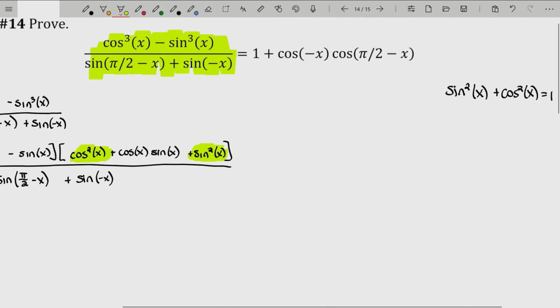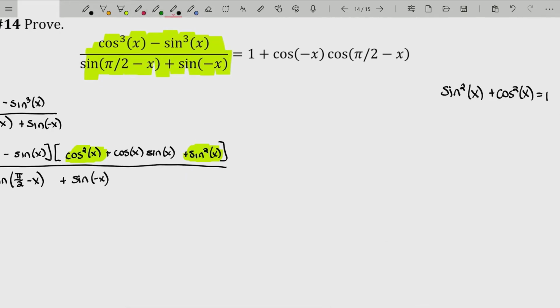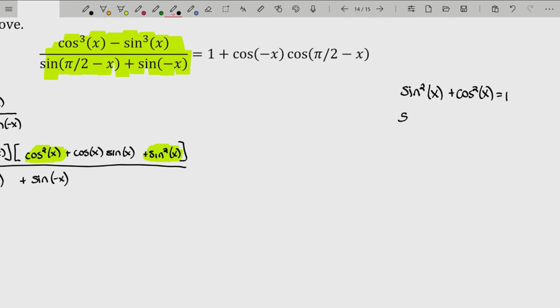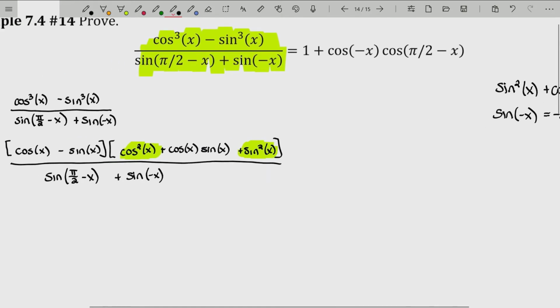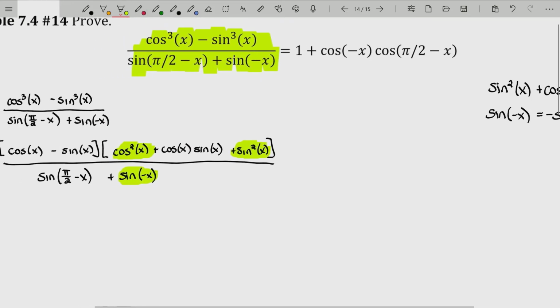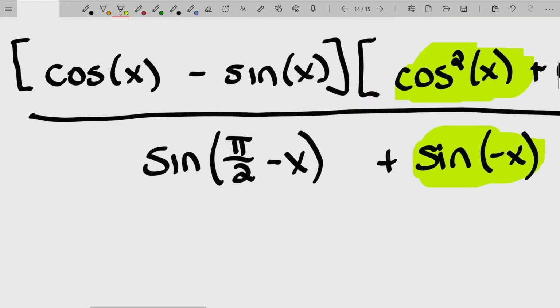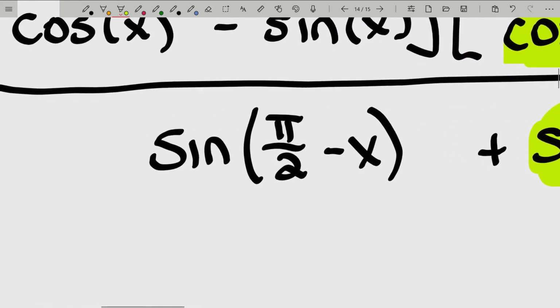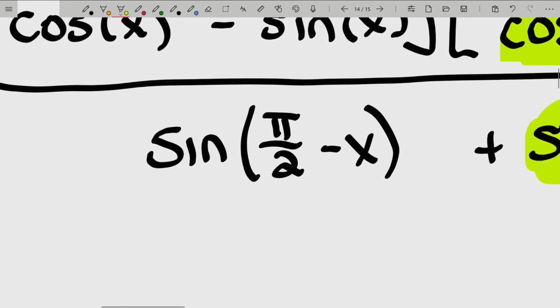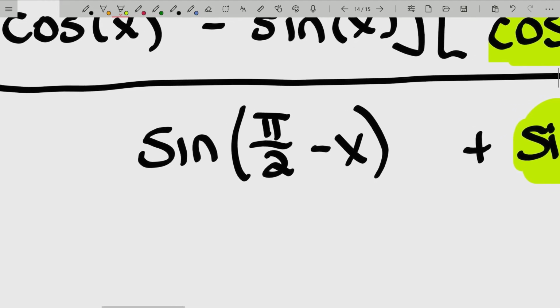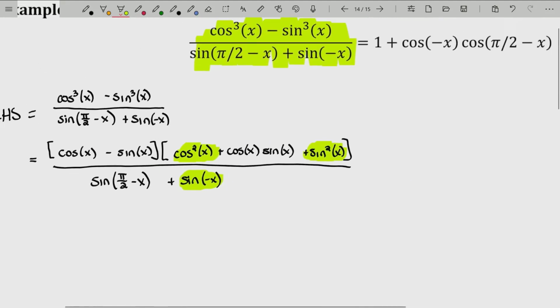But not only that, we also have from an earlier video that the sine is an odd function. So sine of negative x is actually negative sine of x. So that's this picture right here, sine of negative x. We're going to trade that out for a negative sine of x. And finally, this guy right here, that when you see a trig function of pi over 2 minus something, that's a cofunction identity.